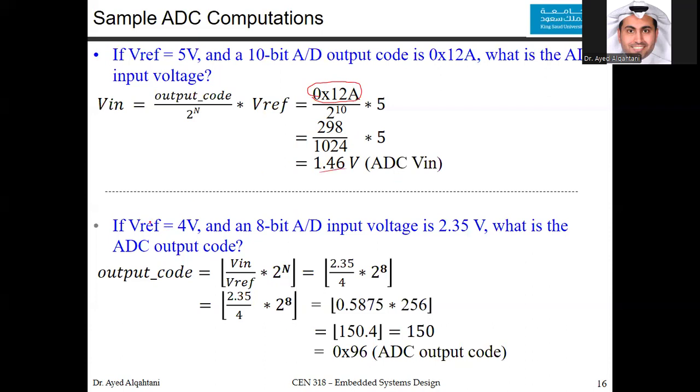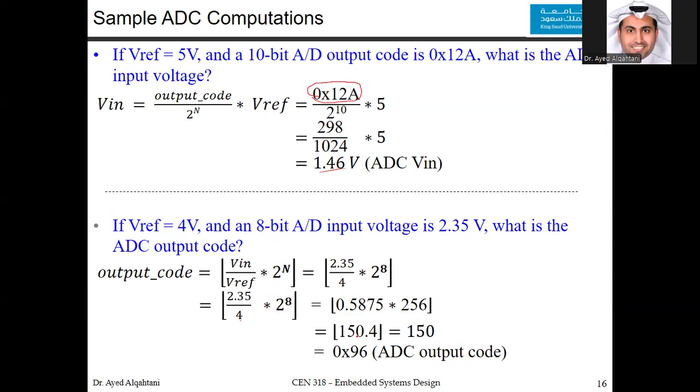Another example, if the Vref is 4 volt and you have an 8-bit analog to digital input voltage, and this input voltage is corresponding to 2.35 volt, what is the ADC output code? Again, plug in the values, the analog voltage divided by Vref, 2.35 divided by 4, and then you multiply it by 2 to the power of the resolution, that's 8, n is equal to 8, 2 to the power of 8 is 256, and you find this value here.